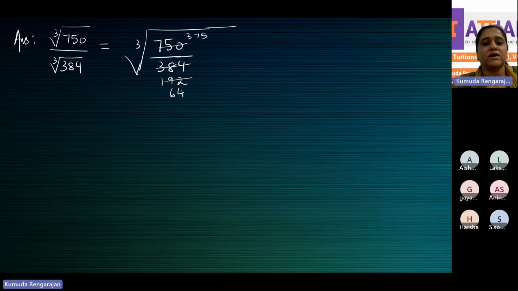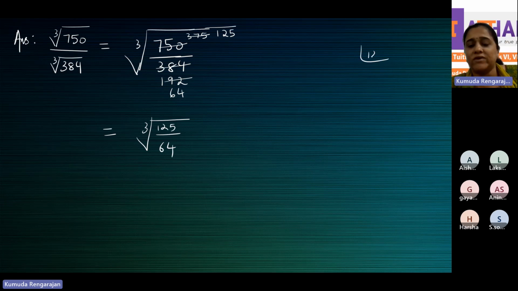And here 3 ones are 3, 3 twos are 6, 3 fives are 15. So this cannot be simplified any further, correct? 125 and 64 cannot be simplified any further. So you're left with cube root of 125 divided by 64.